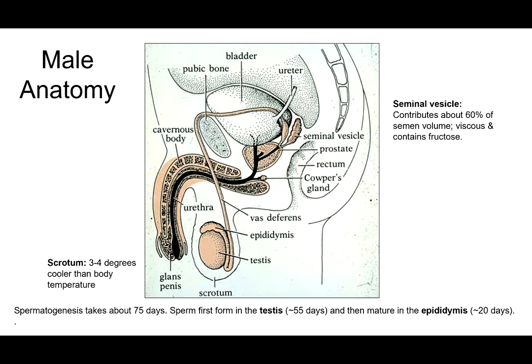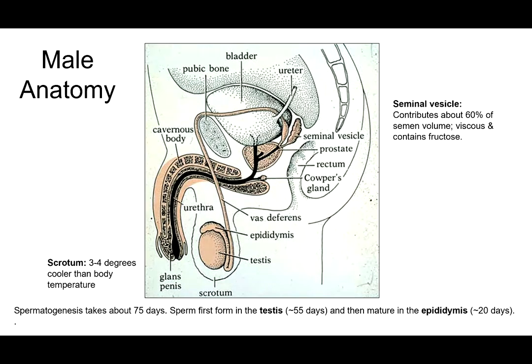At the point of ejaculation, the sperm then travel up the vas deferens over the pubic bone, around the bladder, and then right before it starts to get to the prostate, it comes up to what's called the seminal vesicle. The seminal vesicle contributes about 60% of the semen volume.